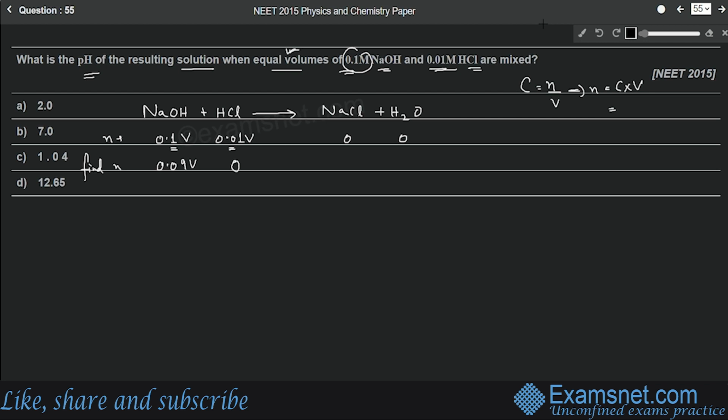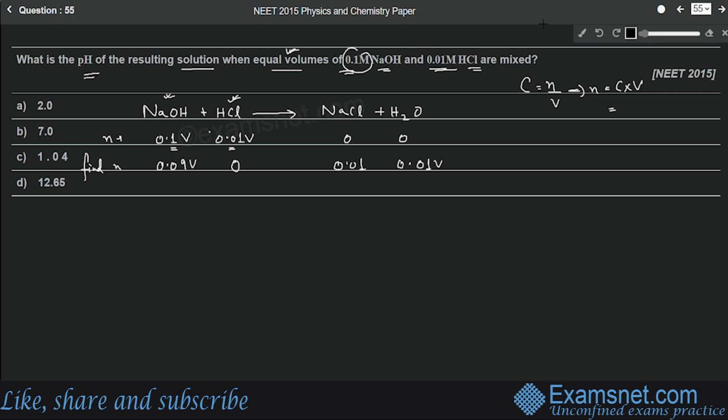So HCl will completely disappear and the same amount will disappear from the larger one also. That means 0.01 V has disappeared from HCl, so the same amount will disappear from NaOH also. So what amount of NaOH will be left unreacted? 0.09 V. So what will be the final number of moles of the products? It will be 0.01 V of each because the same number of moles had disappeared from the reactants, so they will appear on the product side now.